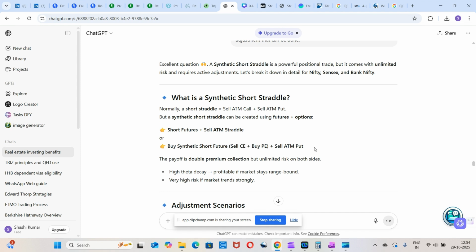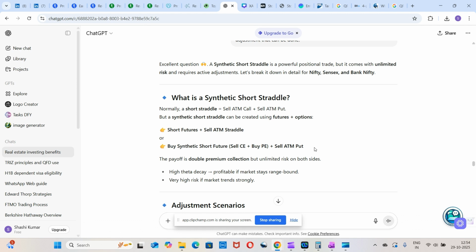Some strategies combine futures plus options, and some strategies exist where you go long on stocks and options. A combination of your position in futures plus options gives some strategies, and this is one of the strategies that comes out of your position in both the futures market and options market. That's what a synthetic short straddle is.